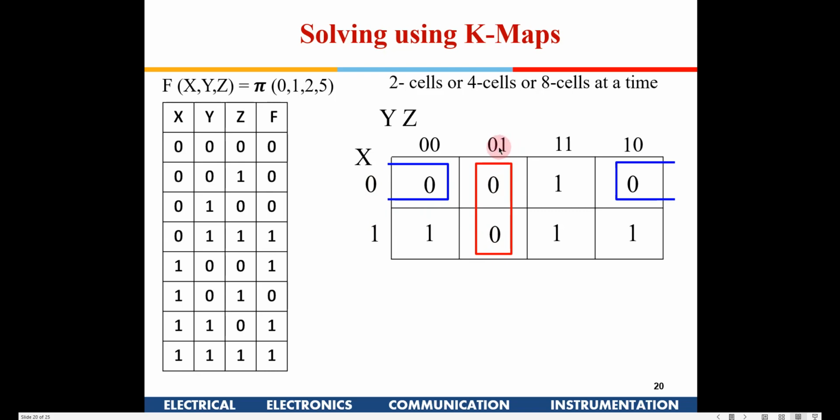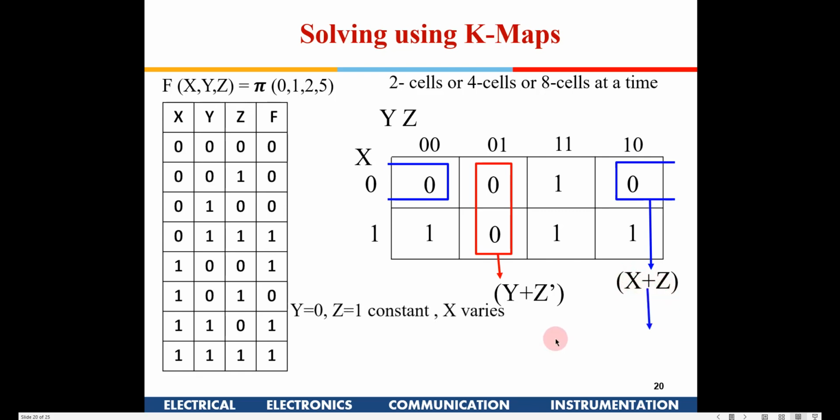So if I take the complement of that, this will become y plus z dash, and similarly in these 2, x is 0 and then if you see here to here, y is changing. So x dash, it is x dash into z dash. So if I take a complement, it will become x plus z. Okay, so now if you see here, the total expression is y plus z dash and x plus z.